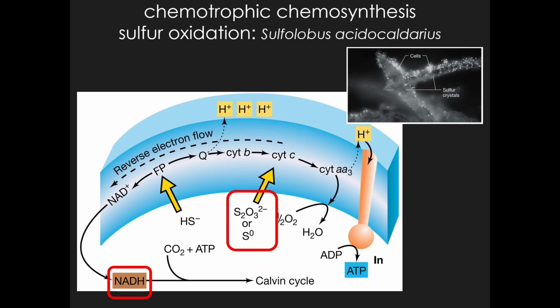The protons flow through the ATP synthase, generating ATP. The ATP and the electrons are saved, and both of those are used for the Calvin cycle. So notice that all chemosynthesis is done utilizing the Calvin-Benson cycle that is used by plants and protists and some bacteria that photosynthesize as well.